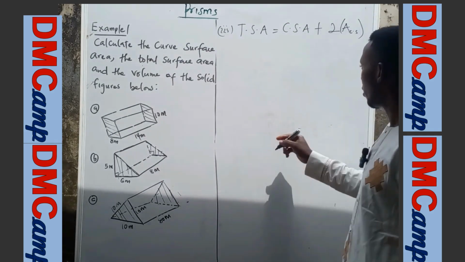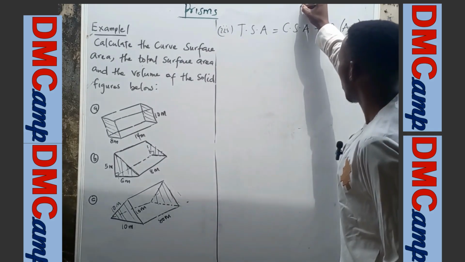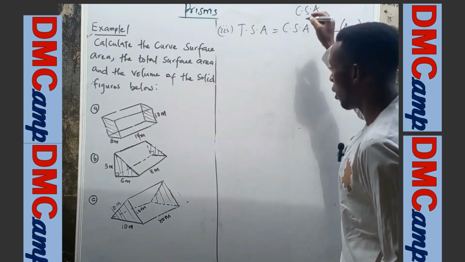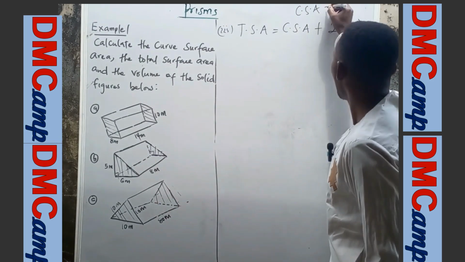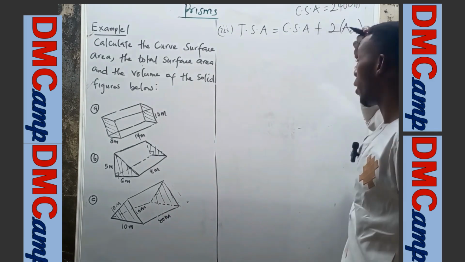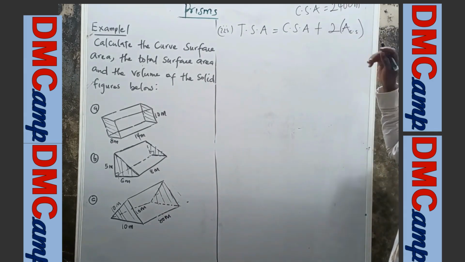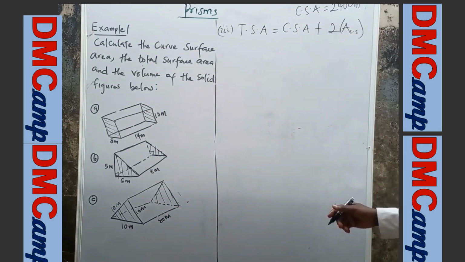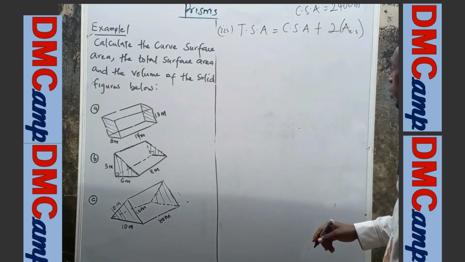Don't forget that we've gotten the cross surface area of this shape to be 2,400 meter square.